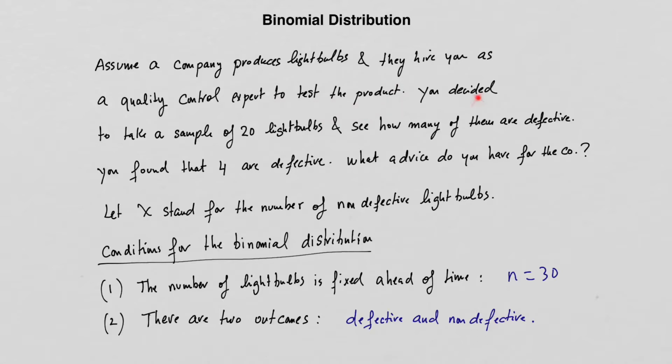Just before I continue, let me say something about quality control. I can guarantee you that companies can make light bulbs that can last for 4, 5, 6, 7 years. But they don't.